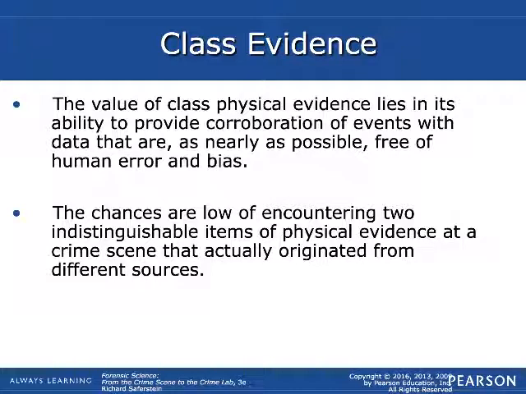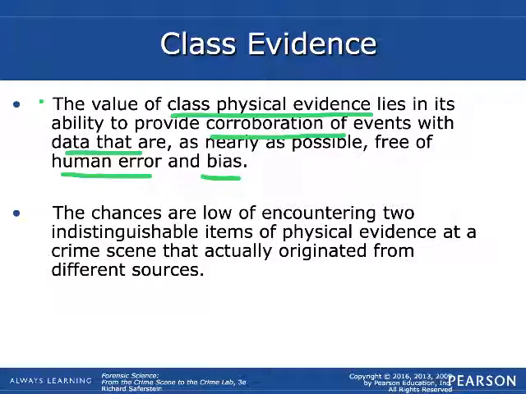Now, the value of this class physical evidence lies in the idea that you could corroborate events with data, and you can use science, which hopefully takes out human error and bias, to prove it. So the idea is you can take the class evidence, which you can't tie to a specific person, but if you have enough of it, you can link it together to make a case.